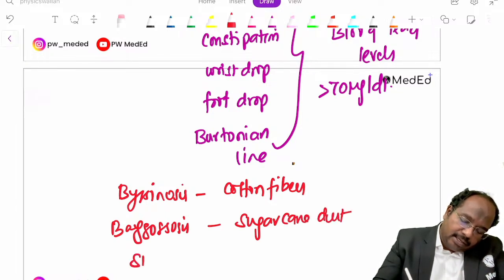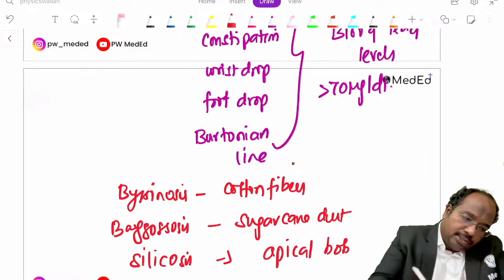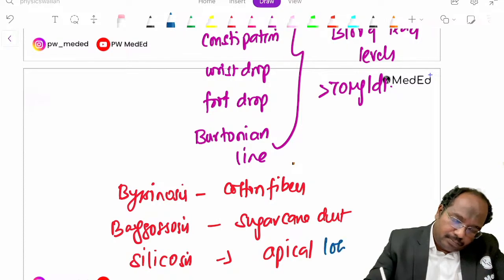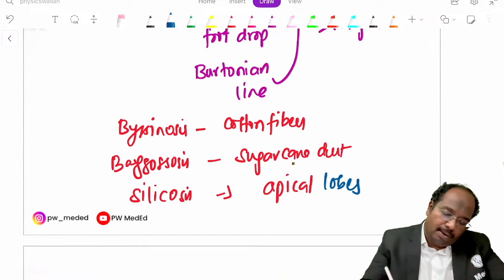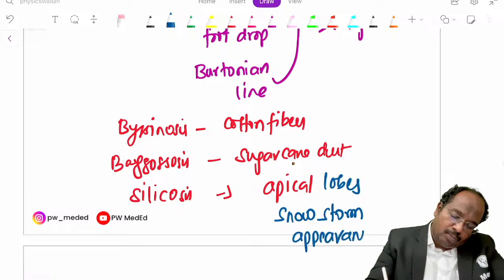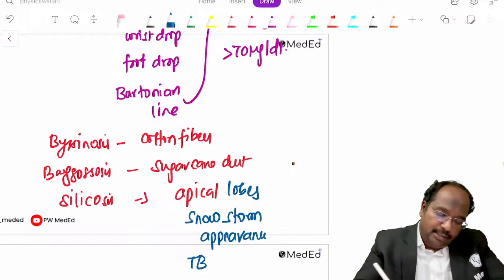Silicosis affects the apical lobes. The X-ray will show a snowstorm appearance. They are more prone to TB.